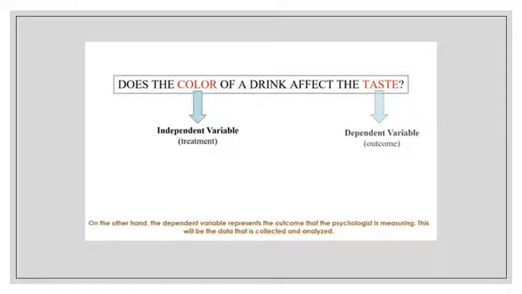On the other hand, the dependent variable, which is the taste, represents the outcome that the psychologist is measuring. So this will be the data that is collected and analyzed. Now here the color can be manipulated by the psychologist, and the dependent variable, that is the outcome, the effect, is what will be studied.